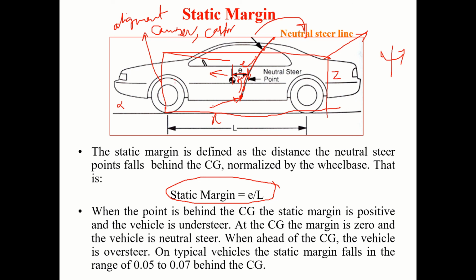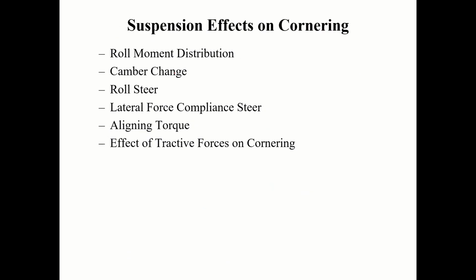Then also we must look at roll moment distribution. And like that, there are many important things like roll moment distribution, camber change, lateral force compliance, aligning torque, tractive forces, all these things, they also affect cornering. That we will discuss in the next session.